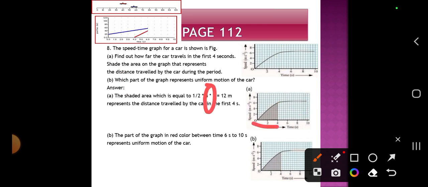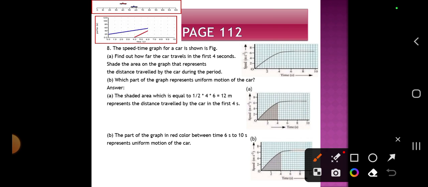And the height is 6. So 1/2 base into height, what will we get? 12 meter. This represents the distance traveled by the car in the 4 seconds. Okay, fine. Now which part of the graph represents uniform motion?